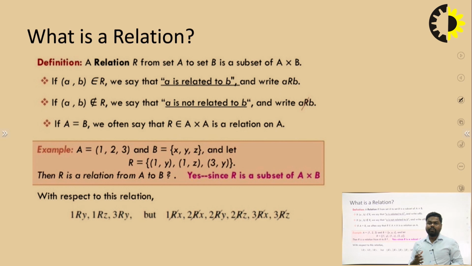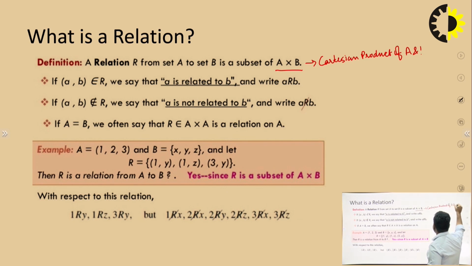The proper definition of the relation: a relation R from set A to set B is a subset of A cross B, which is the Cartesian product of A and B. As you have learned in sets, that is the Cartesian product.